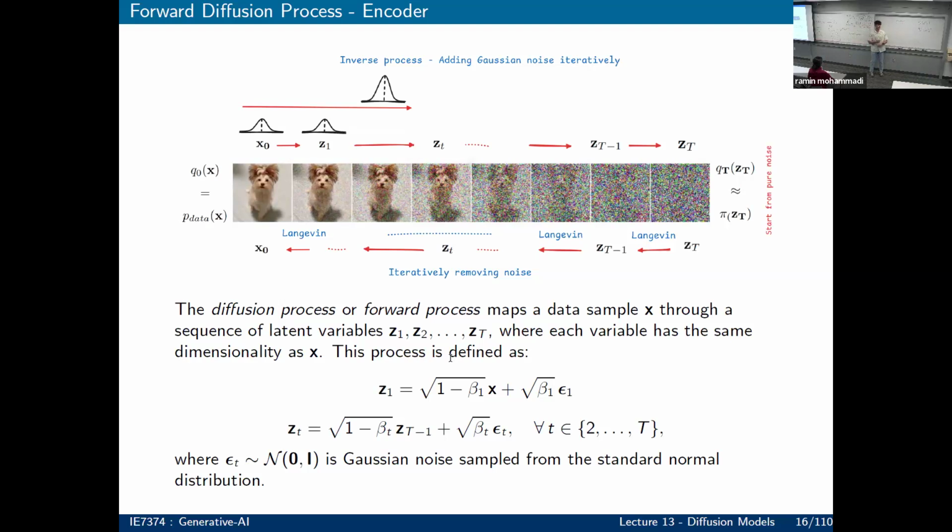In Langevin, for t from 1 to some number, the next data equals the previous data plus some deterministic value plus some stochastic noise. There could also be a condition: you check if the change is acceptable. If acceptable, you accept it as x_{t+1} and go to the next time step. If not, you repeat it. That's the idea of Langevin dynamics.